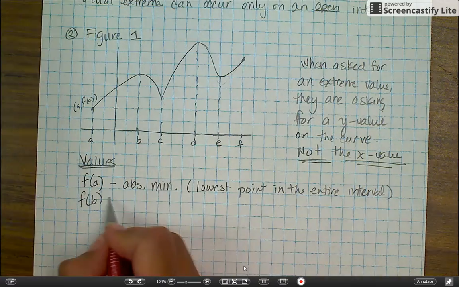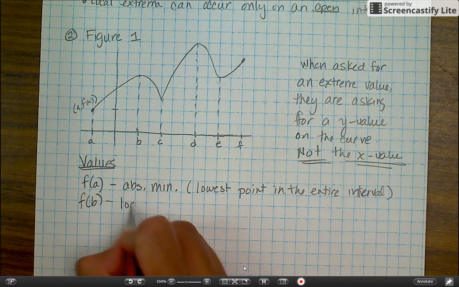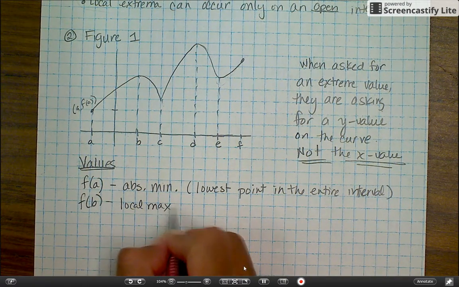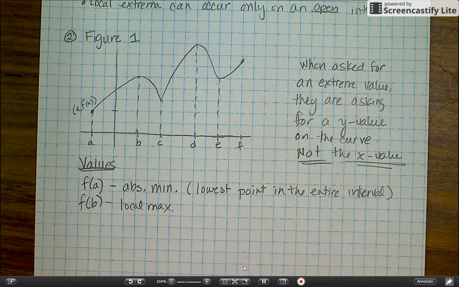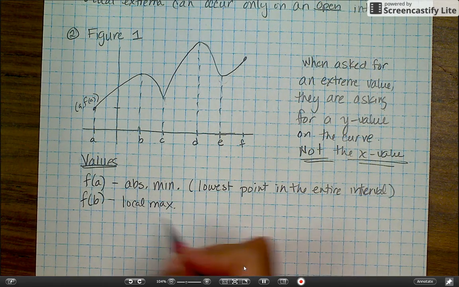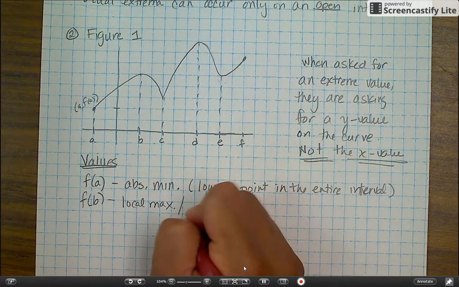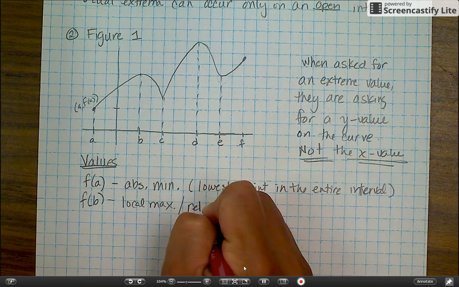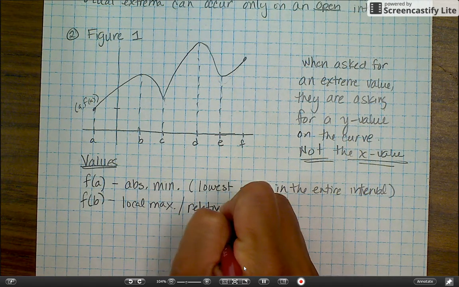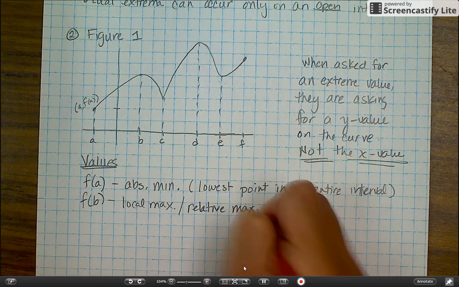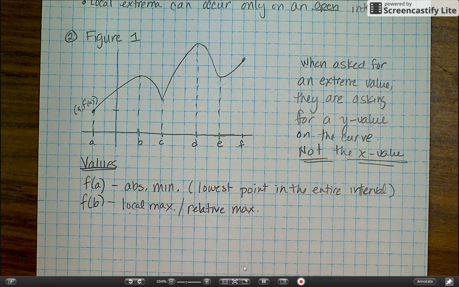F of B is called a local maximum value. Local maximum. Also, in other textbooks, it can be referred to as a relative maximum value. Okay, local and relative, same thing.